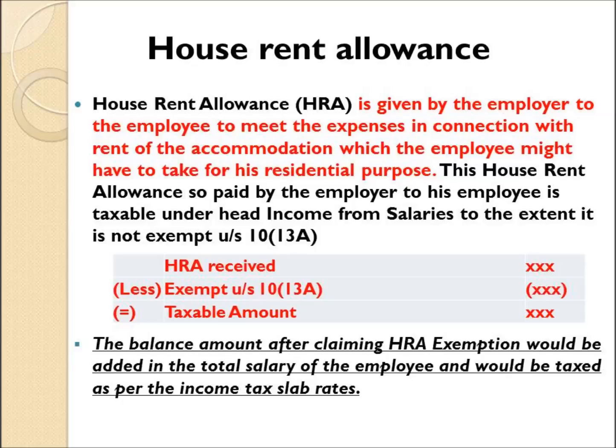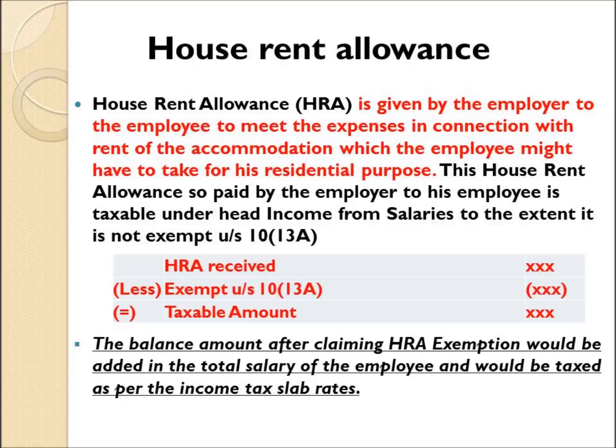If the employer is giving me some amount to meet the rent of my accommodation which I have taken for my residential purpose, then those amounts which the company is giving to me to meet my rent are known as house rent allowance. Got it? What do we mean by house rent allowance?